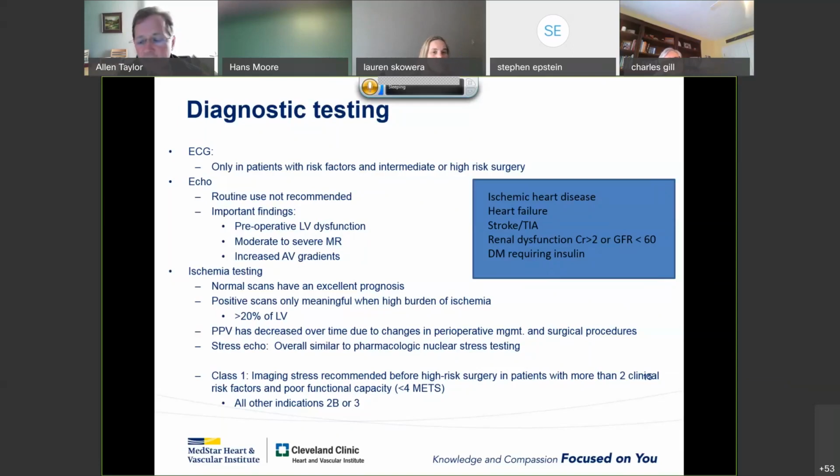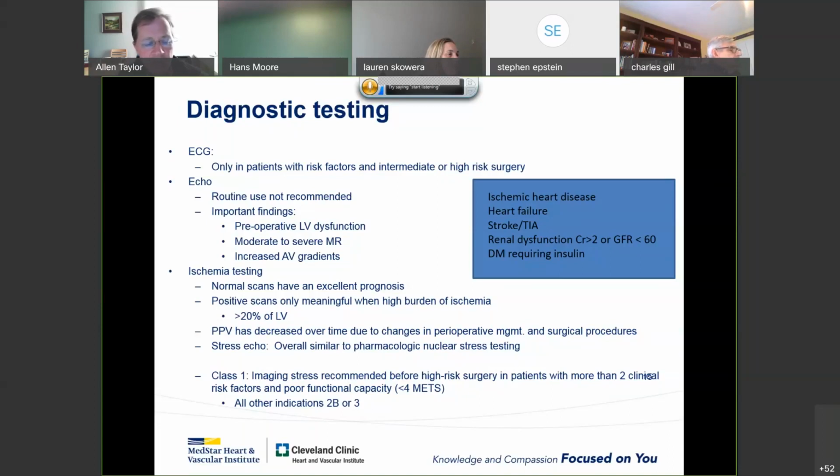And last, ischemia testing, which has been vastly overused through the past, has shown a few things. Well, first is that just like low-risk patients are indeed low risk by the scoring tools, normal scans in patients who undergo ischemia testing have an excellent prognosis. The positive scans are only meaningful when there's a significantly high burden of ischemia. And indeed, even with these tests, the positive predictive value has decreased over time, much in the same way as it has for the various clinical risk indices.